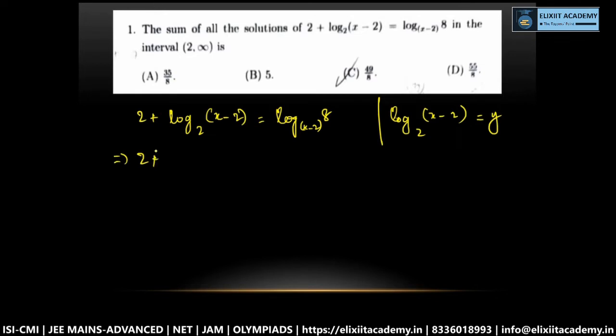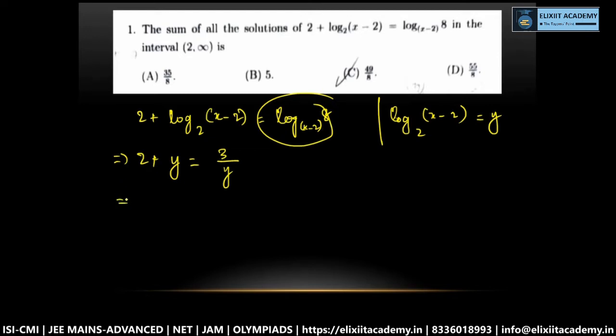Then we have 2 plus y equals log base (x minus 2) of 8. Since 8 is 2 cube, the 3 comes in front, so this is 3 upon y, that is 3 upon log base 2 of (x minus 2), by the properties of logarithm.